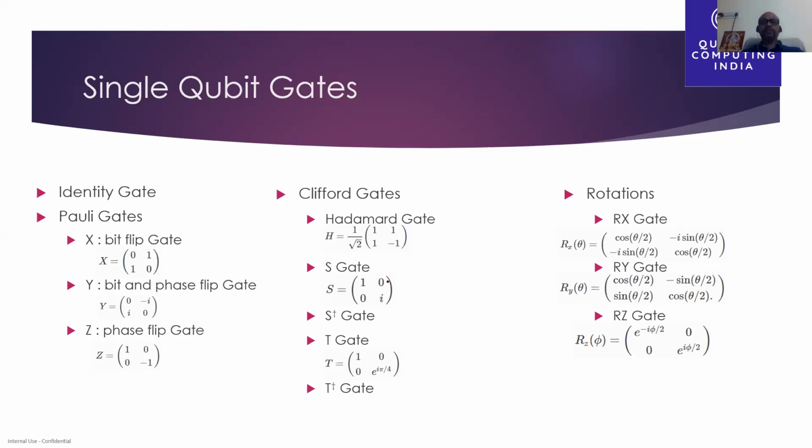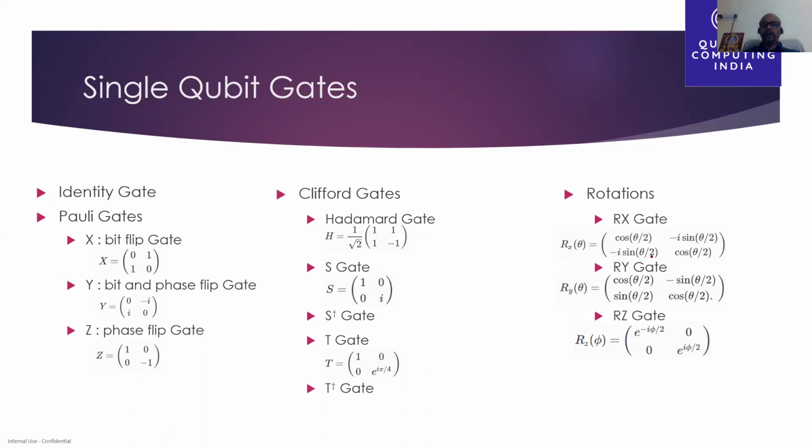Again, these are all represented by appropriate 2 by 2 matrices. Then there are rotations revolving around the x-axis, y-axis, and z-axis. That's the reason why you are seeing cos theta, sin theta, the famous geometrical theta.